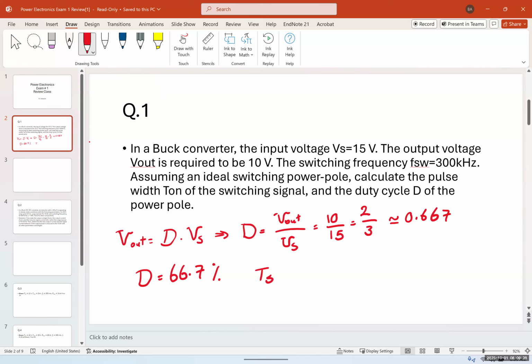Now, Ts is 1 over Fs, so it's going to be 1 over 300,000 because it's 300 kilohertz. Gives us 3.33 microseconds.